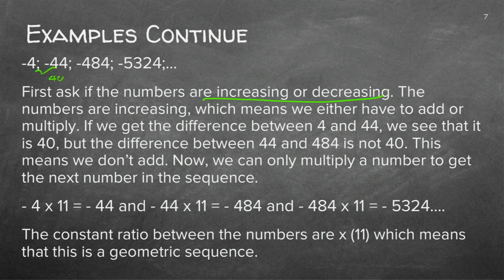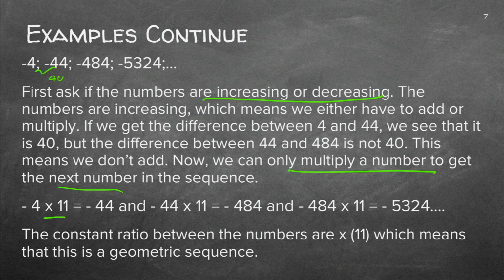So we know we're not going to add. We're going to multiply. We can only multiply a number to get to the next number in the sequence. So now we ask, how do we get from minus 4 to minus 44? We multiply by 11. Our test will be the next number. Minus 44 times 11 gives us minus 484.